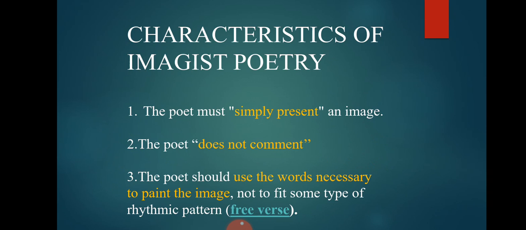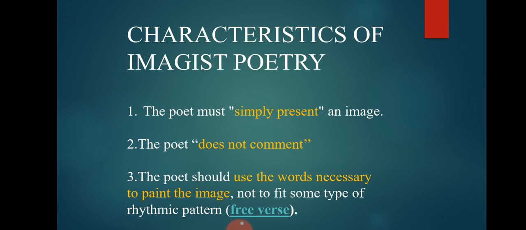Now let's analyze the basic characteristic features of Imagist poetry. First, the poet must simply present an image. That means the poet needs to avoid an exuberant and exhaustive narrative method. Secondly, the poet does not comment.